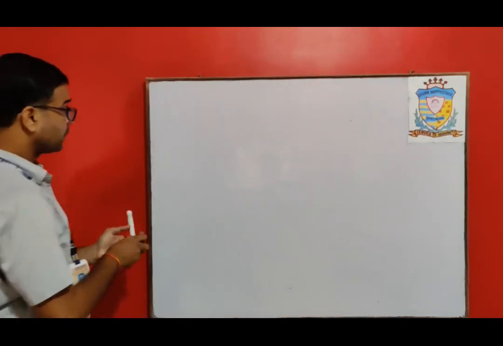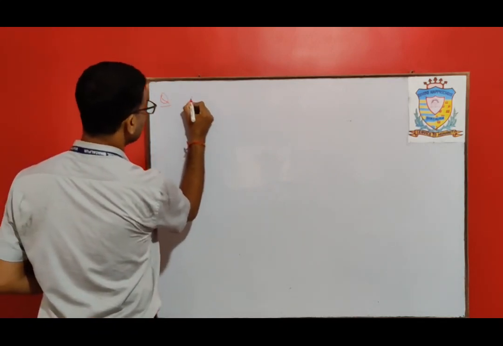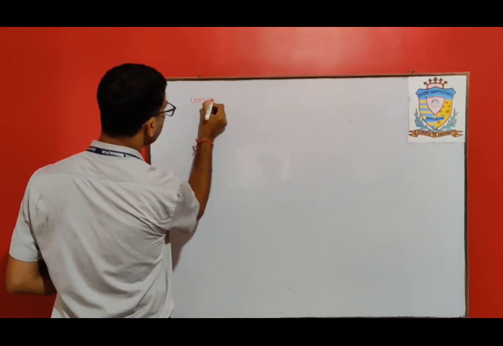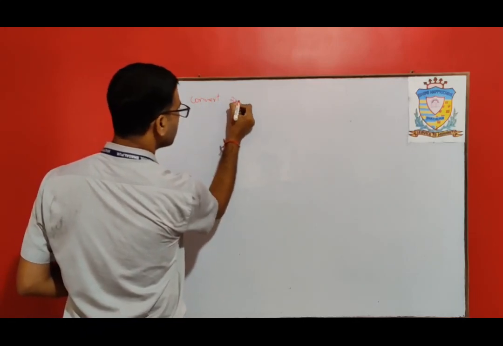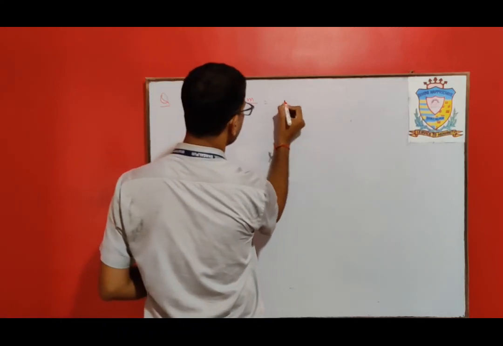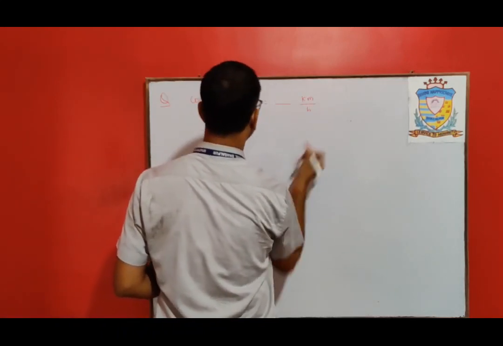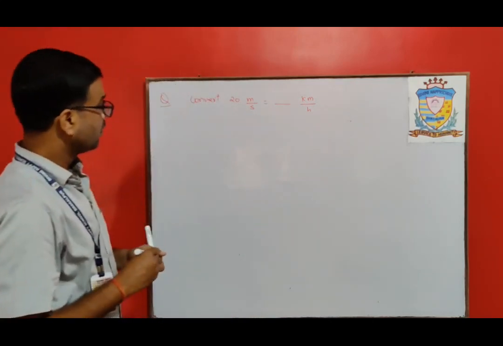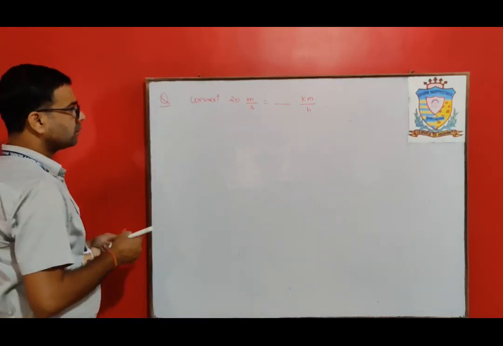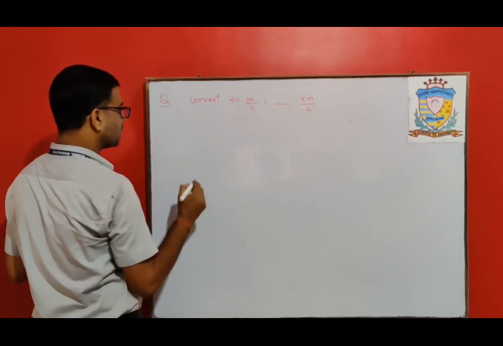Next question, convert 20 meter per second into kilometer per hour. Clear? Again, here the quantity is velocity.